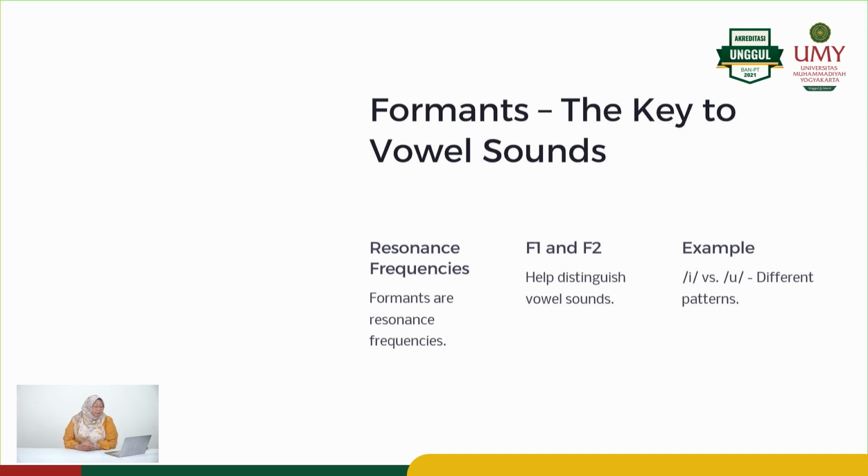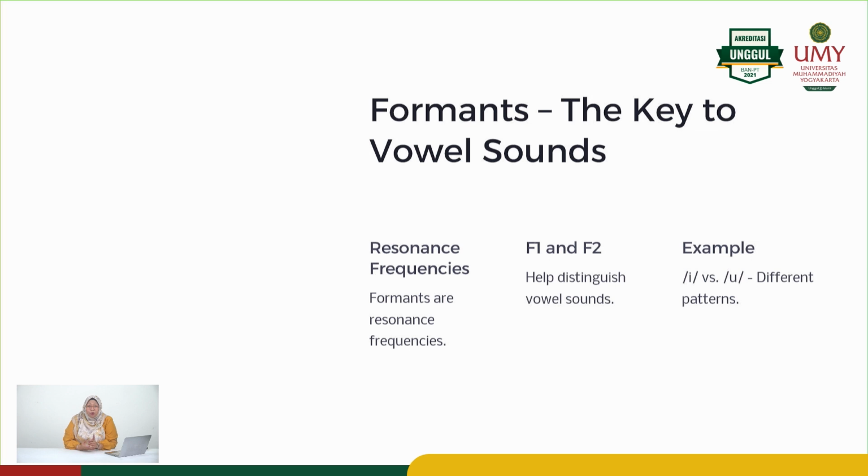Okay, so now the key to vowel sounds: formants. Have you ever wondered why the vowels in "sea" and "blue" sound different? Well, that's because of formants, which are the key frequencies that define vowel sounds.